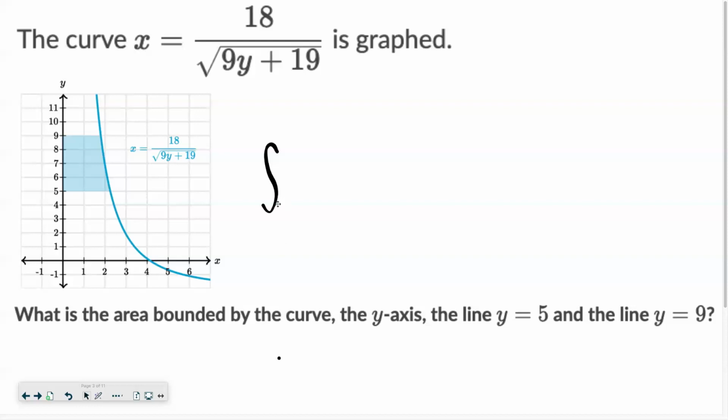The bottom will be 5, the top will be 9. And 18 over square root of 9y plus 19. How come we don't have like a minus anything?